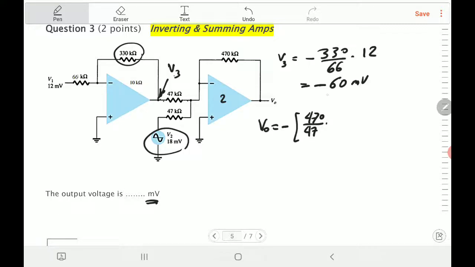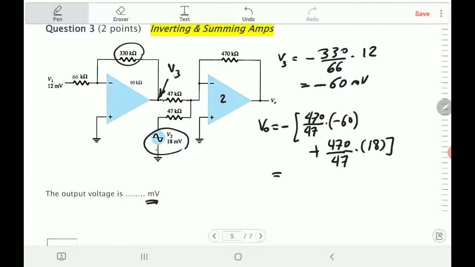V3, I got, is equal to minus 60, so just put minus 60 here, plus the feedback resistance, 470, divided by the resistance connected to the other input, which is 47 kilo ohm, times the input voltage at this side, which is 18 millivolts. Just simplify.